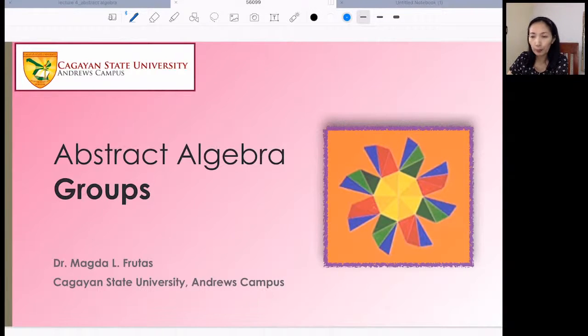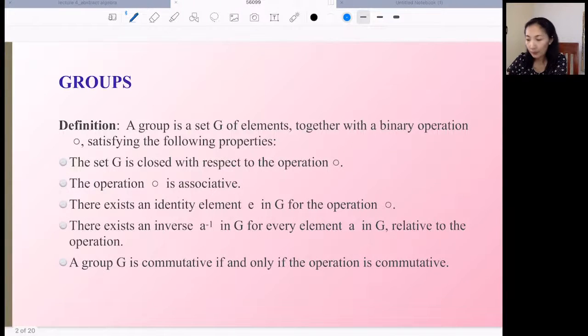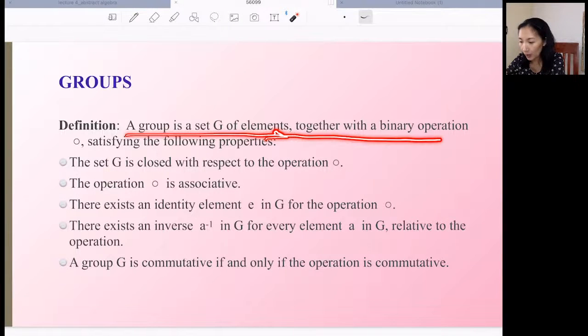What is a group? By definition, a group is a set G of elements, so we're talking of a set with elements together with a binary operation satisfying the following properties. Take note of the properties that must be met.